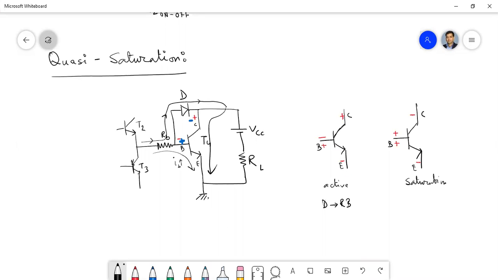Again the base current of the T4 transistor will try to increase and it will be driven to the saturation condition. This is how the state of the transistor T4 will be switched between the saturation and active region. Rather, it is better to say that the state of the T4 transistor will lie between the saturation and active region, which is called the quasi-saturation region. Is that clear?